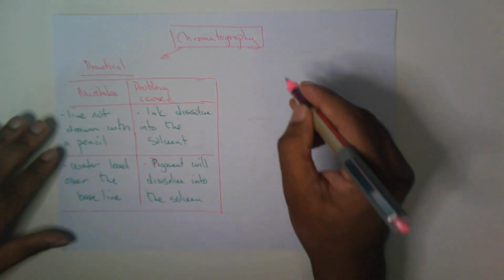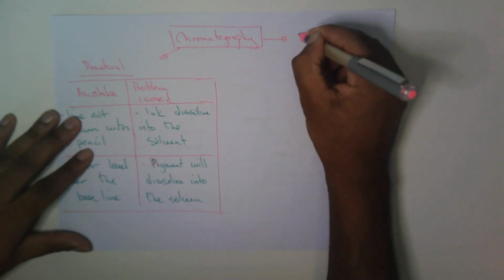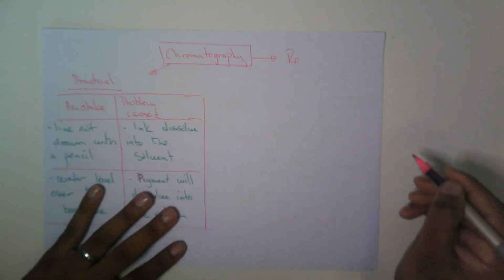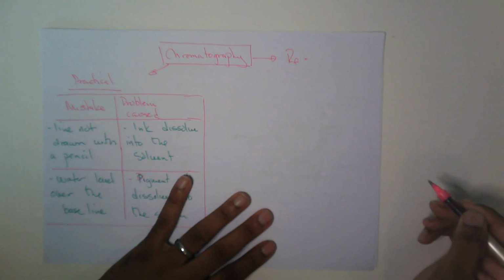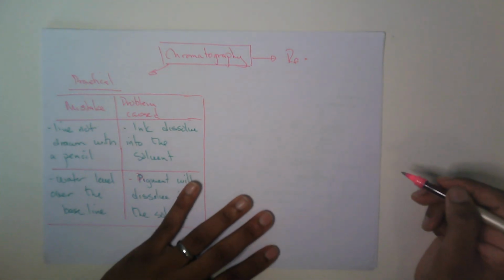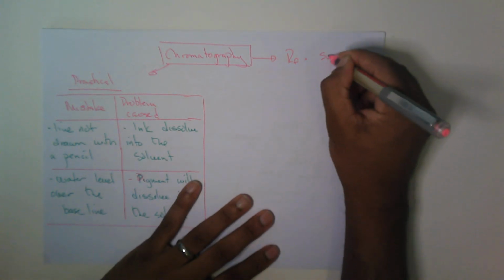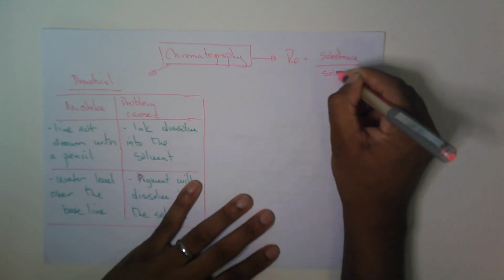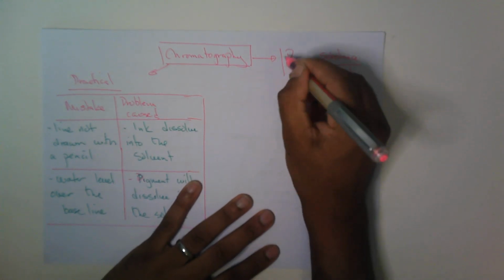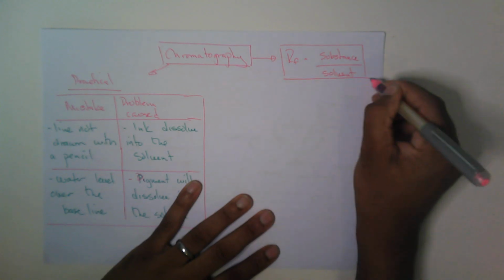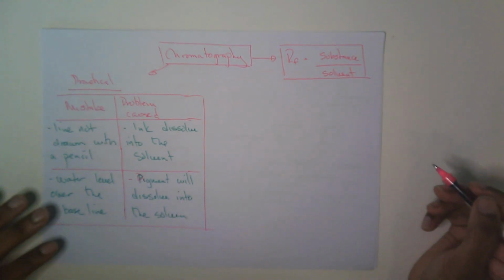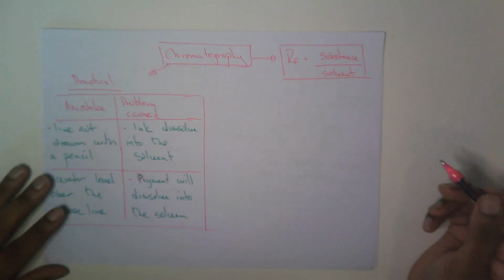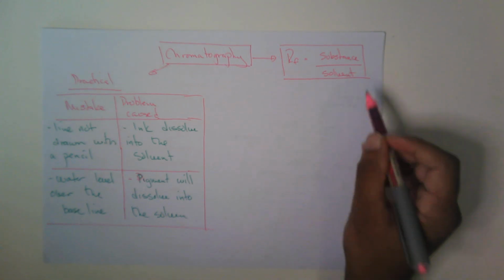Now, a couple of other things, the RF value. So the RF value, you just need to make sure that you know which way round it is. You've obviously got how far the substance moves divided by how far the solvent line moves. If your answer is more than 1, then you have done it the wrong way around. So it needs to always be less than 1 for it to be correct.